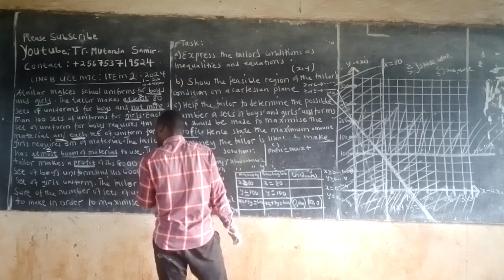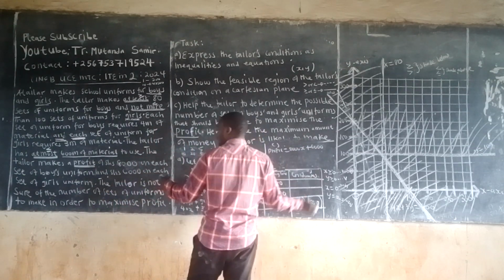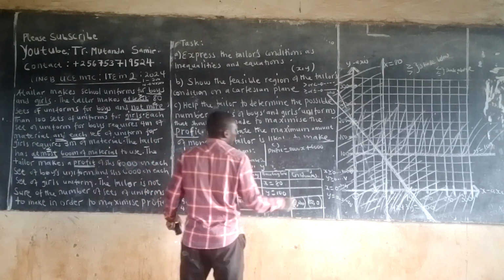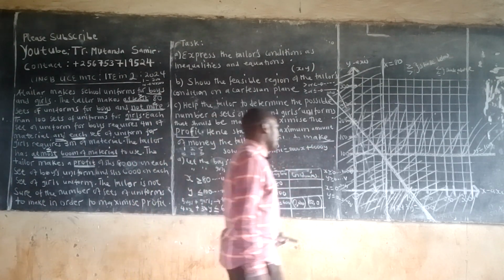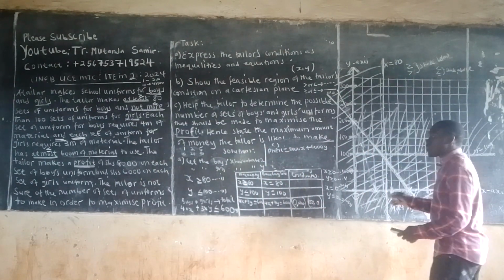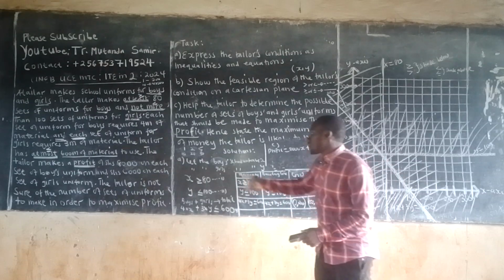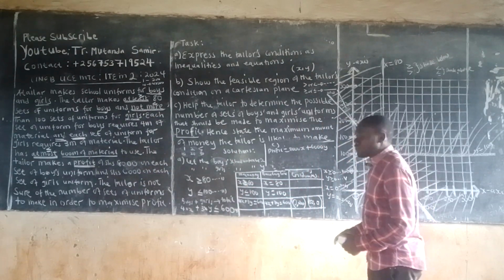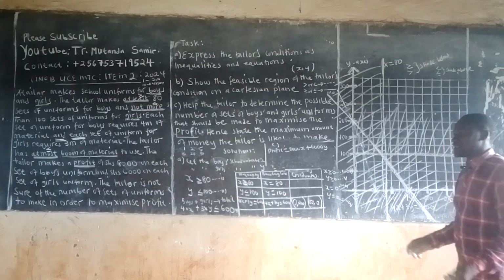Shillings 6,000 on each set of girls' uniforms must be multiplied, so 6,000y. To get the profit, we want to see, from this feasible region, which pair can give us the maximum profit. Of course, in profits, they can't say to minimize the profits. That doesn't make sense in real life.